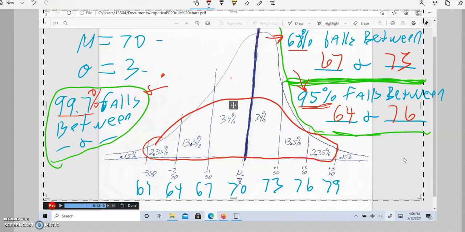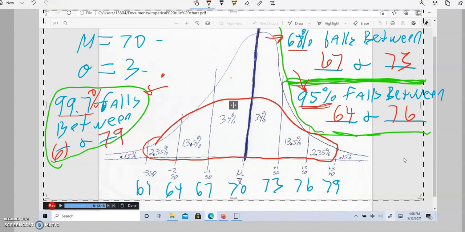You could add them up if you want, just to double check if you feel comfortable, but -3 to +3 will end up being 99.7. So your answer here would be 61 and 79.